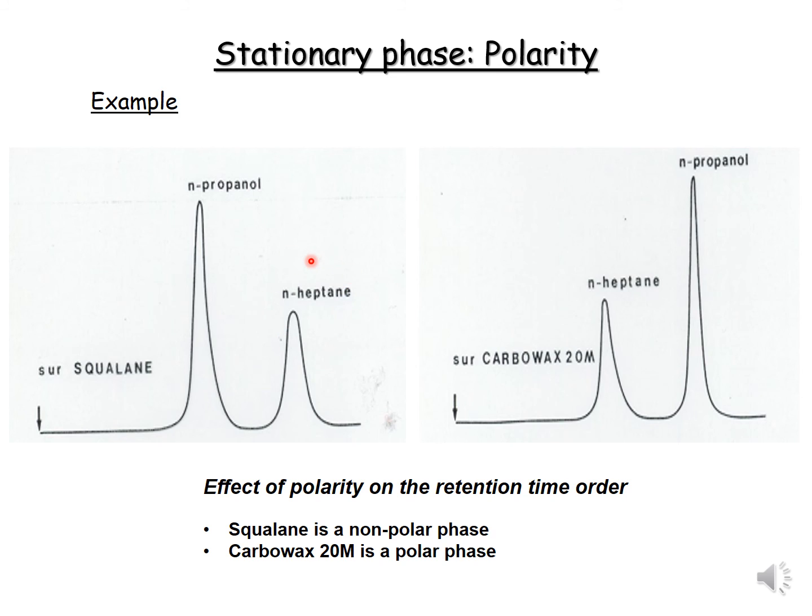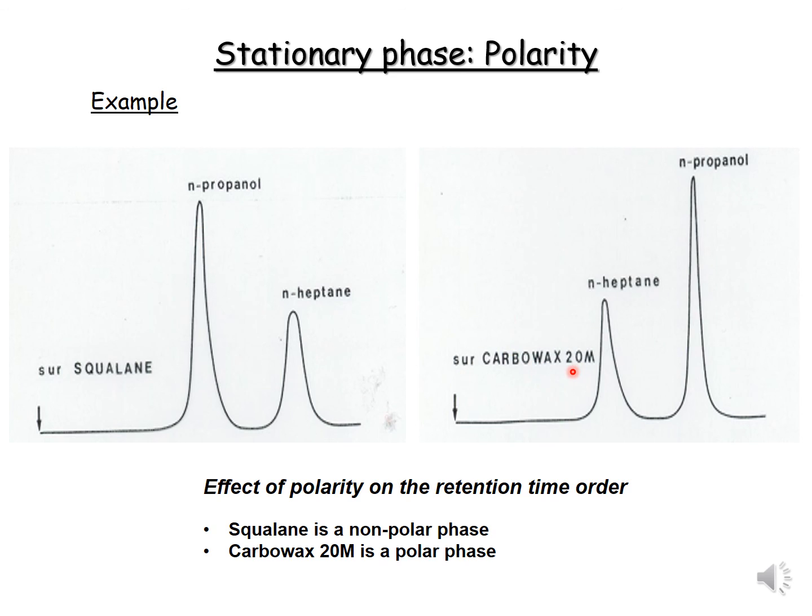Here you have only hydrocarbons, carbon and hydrogen. So first we have the N-propanol, and second the N-heptane, and it is normal because the non-polar compound is the most retained on the column compared to the more polar compound.